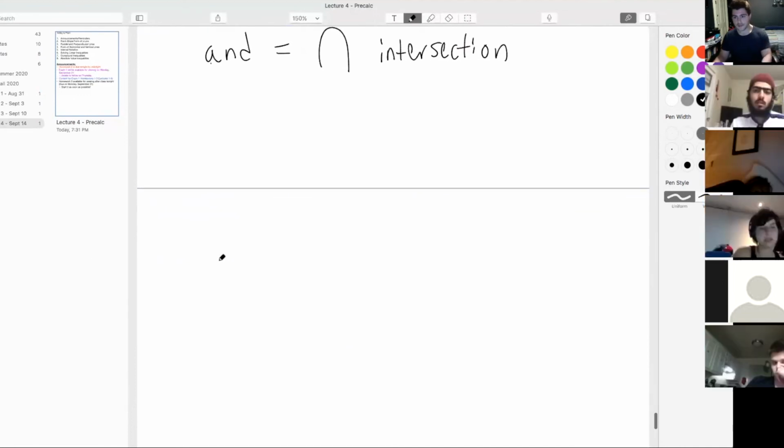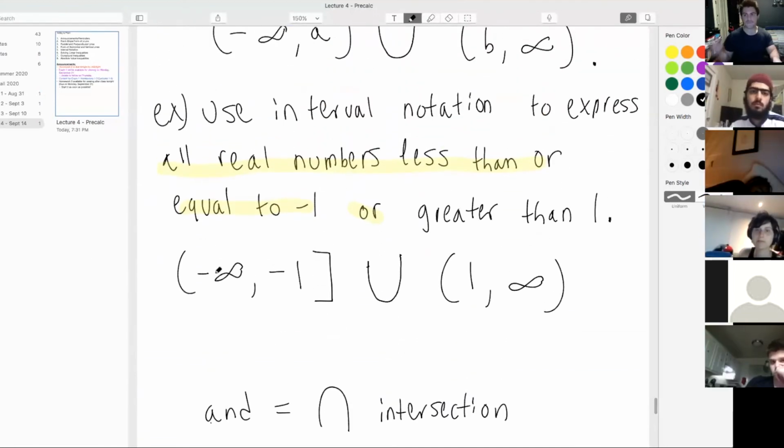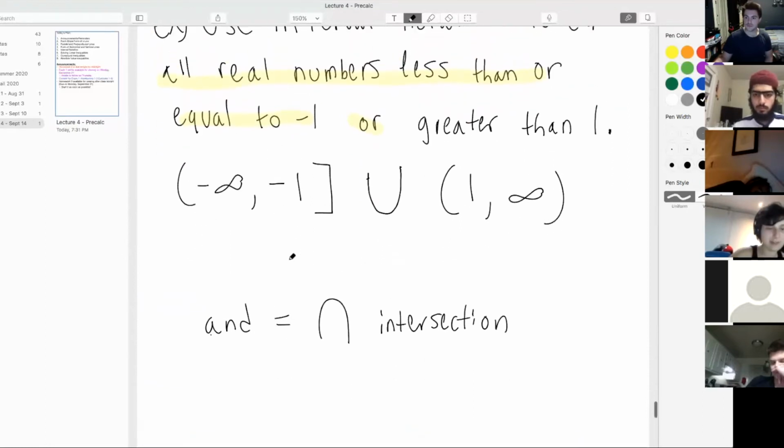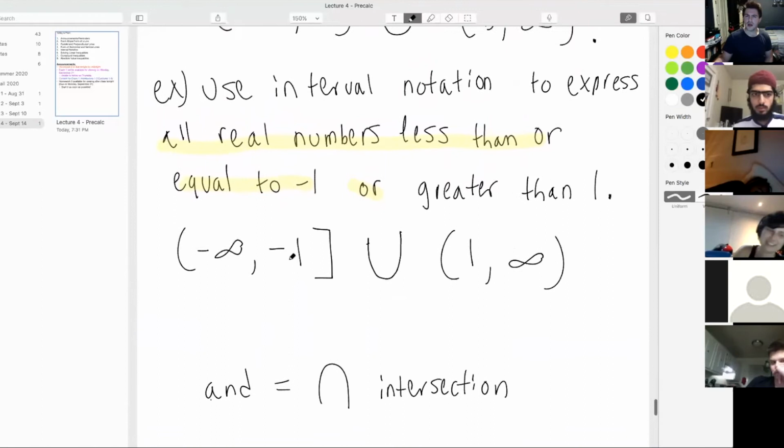Wait, quick question. If you have it written in interval notation and then you have to express it in words for some reason, as an answer, would it also be okay? Forget about it. Sorry.